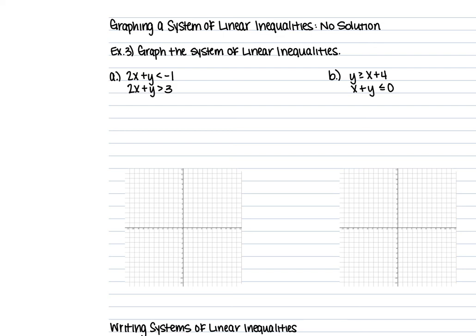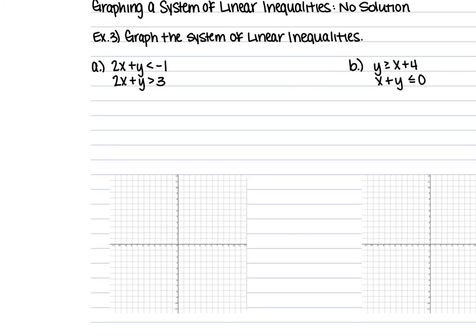Now, what do you think would happen if there's no solution? What's that, Zoe? There's no shading, right? Well, we know that there's going to be shading because it's an inequality, but here's the trick, Zoe. They're never going to overlap, okay? So it's going to be two completely different shaded regions that never overlap. Therefore, there's no solution, okay?